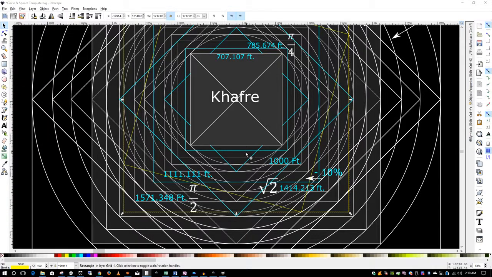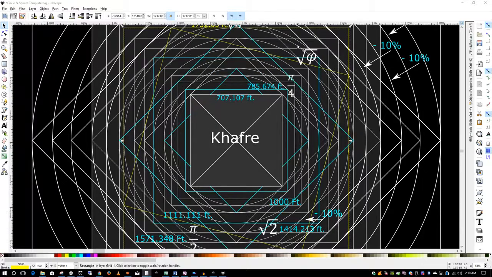And then of course if you keep going down, you finally get to the 1111 number, which is right there, and then you decrease that by 10%, then you get 1,000, and then you decrease that by 10%, and you get 900. 900 rotated up, you get the square root of 5.